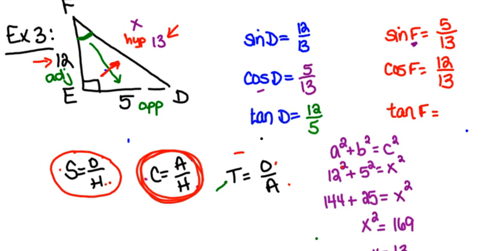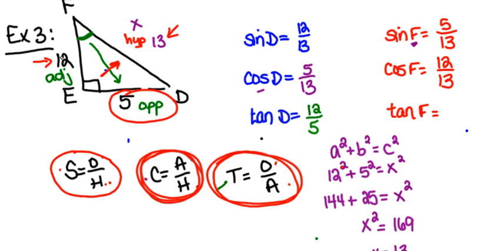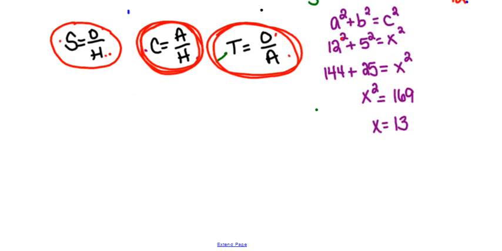And lastly, tangent of angle F, I'm going to find by putting the opposite side over the adjacent. So opposite of 5 over the adjacent of 12. All right, so I think that's good.